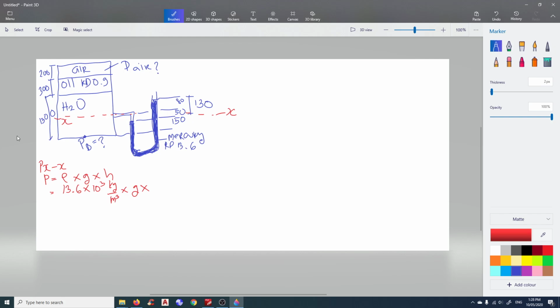Now, which height are we going to use? We're going to use the height from the tip where the mercury meets the water on this side here to the top of the mercury surface. So between the tip where the water meets the mercury to the mercury surface is 50 plus 80, okay, which is 130 mil.